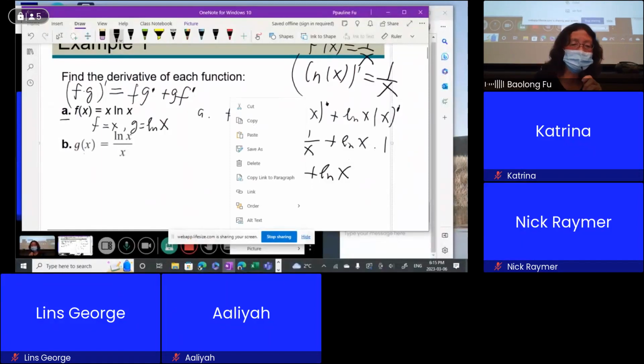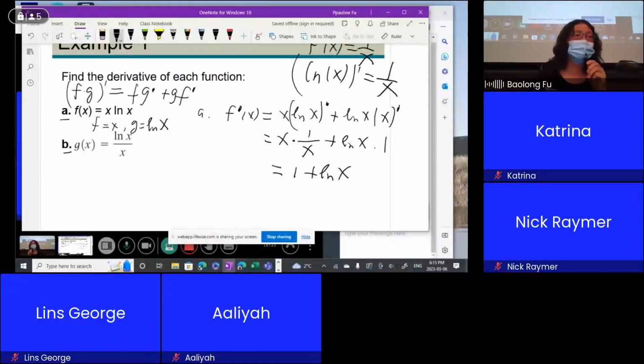So this is A. For B, we need to use the quotient rule. The quotient rule says the derivative of f over g equals the numerator over g squared.